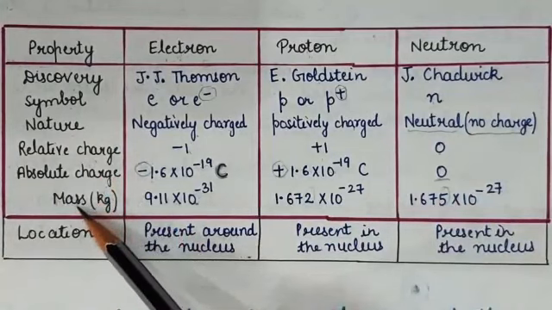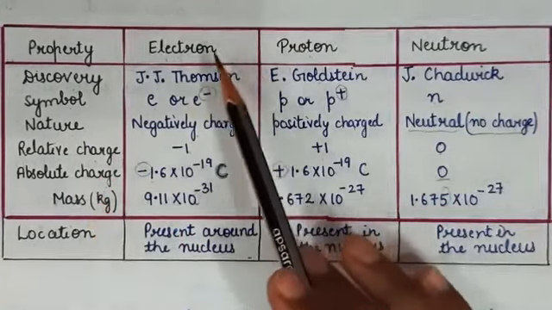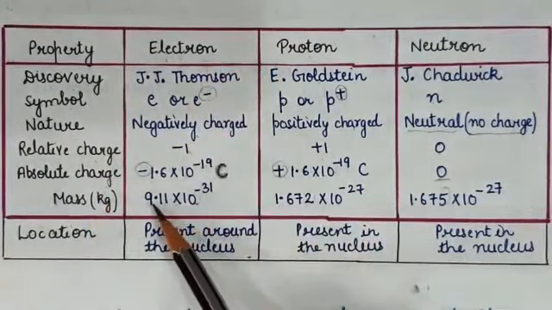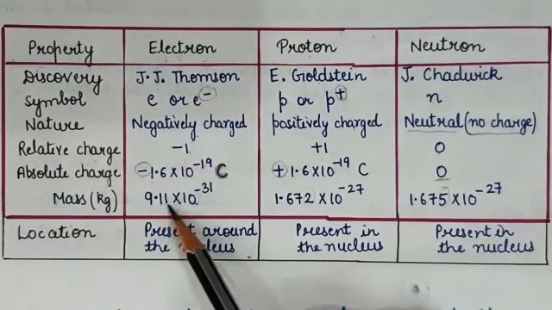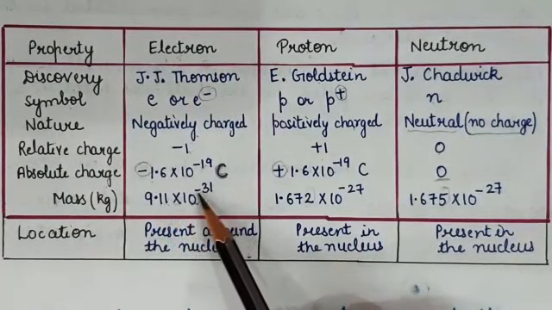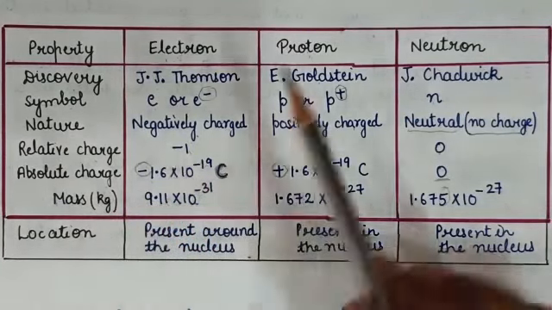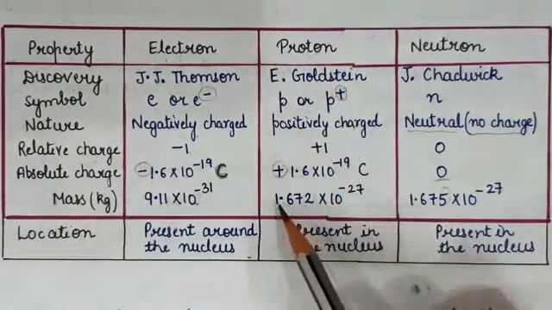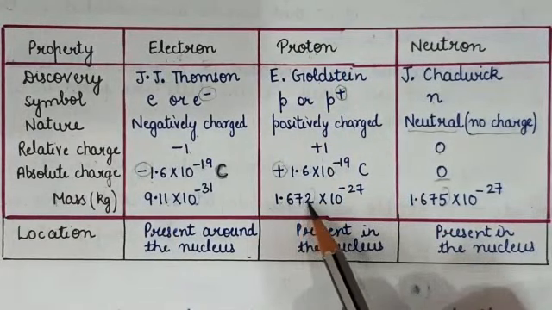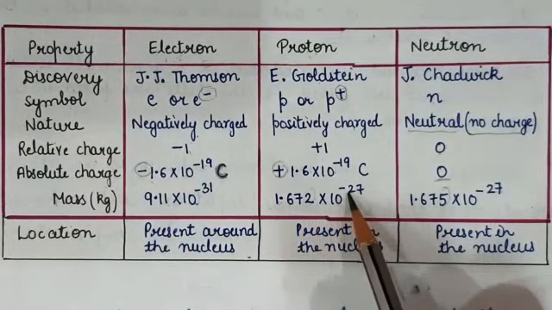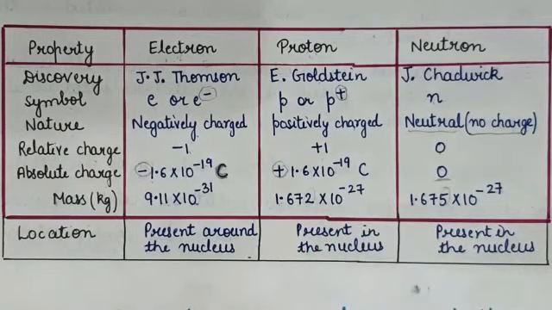Coming to the next property, that is mass. Electron has a mass of 9.11 into 10 to the power -31 kg. Proton has mass 1.672 into 10 to the power -27 kg.